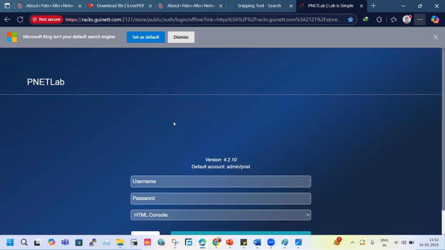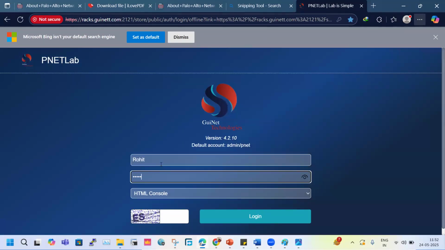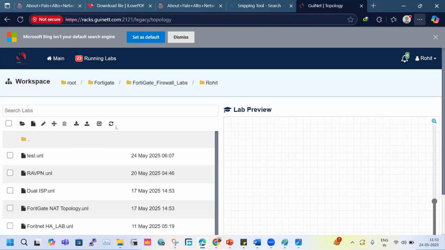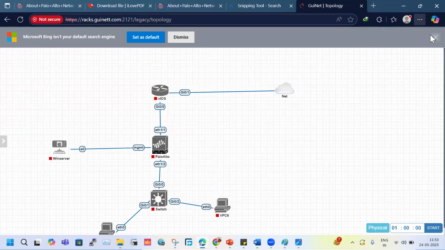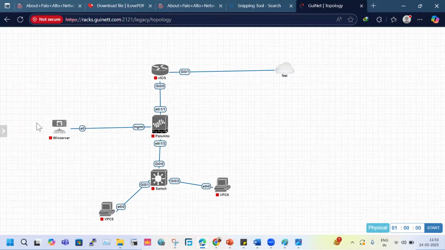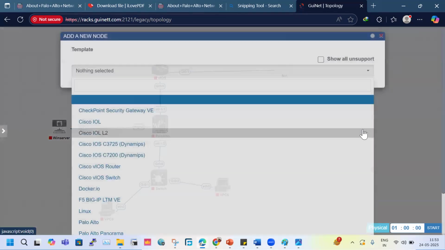Here we are just discussing the concepts, then we will see in a lab how the firewall is deployed in real time. This is a portal, and with the public IP I am able to access this lab. Here we have one firewall, so I can put any firewall, like Palo Alto.